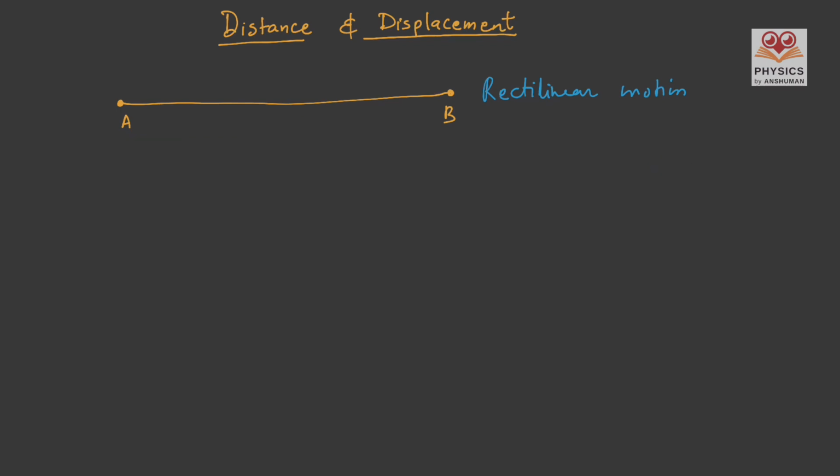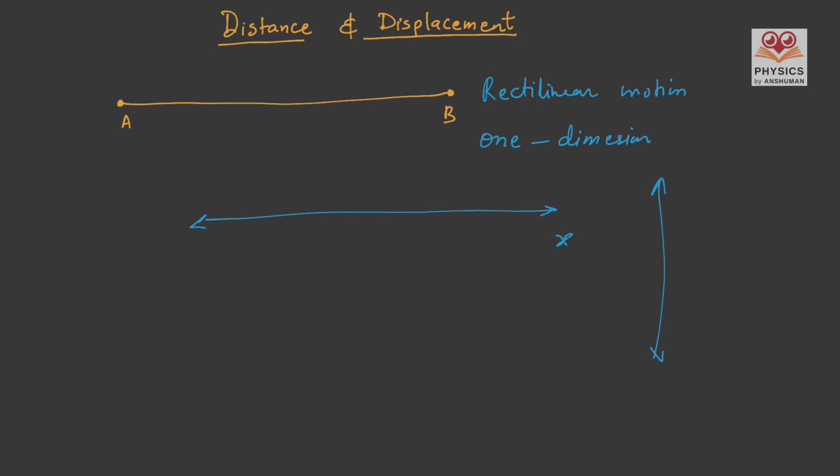Rectilinear motion is also called one-dimensional motion. Why? Because the motion happens only in one dimension, that is, only in one axis, maybe the x-axis or the y-axis.